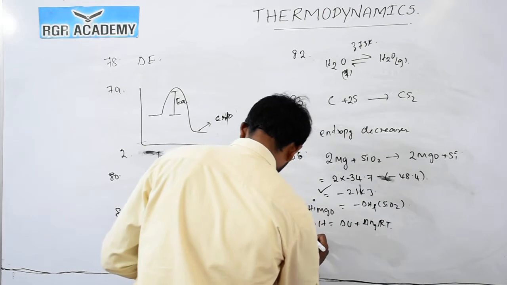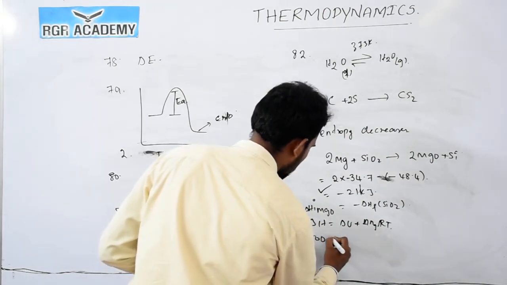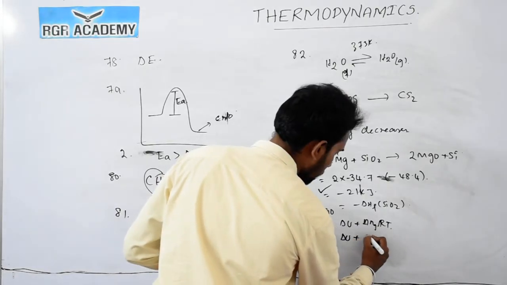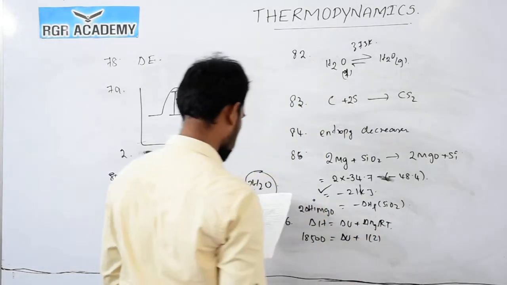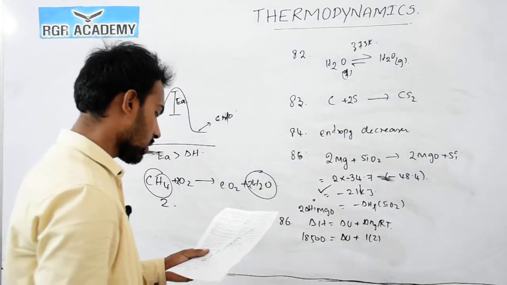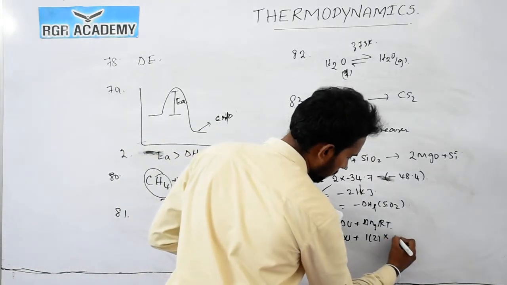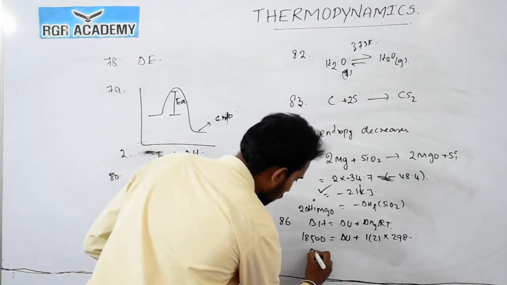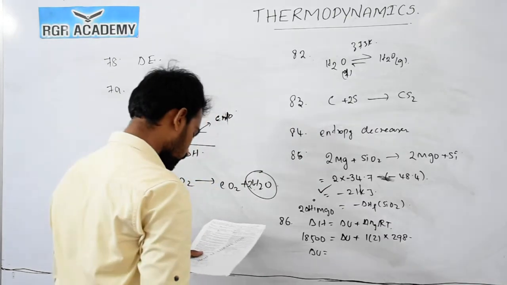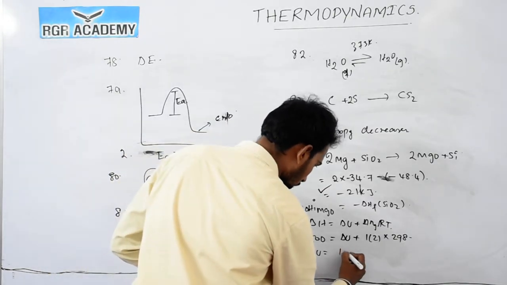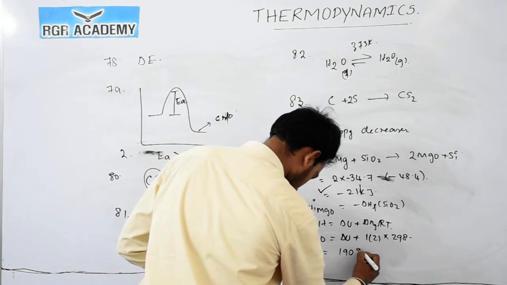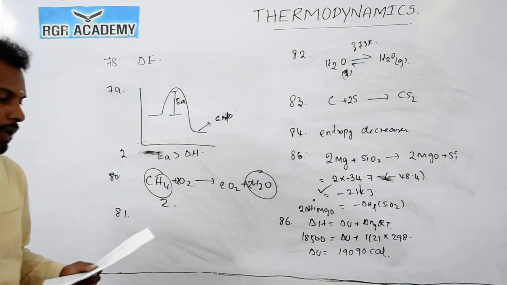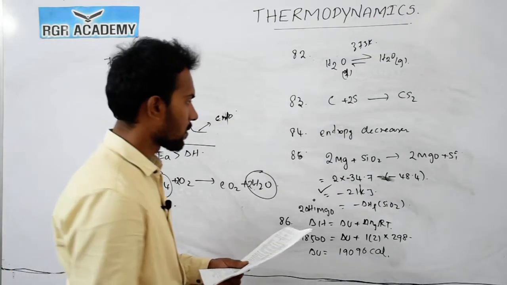Delta H is already given as 18,500, so we need to find delta U. Delta Ng is the number of moles of gaseous products minus reactants, and the temperature is 298. The delta U value is 19096 calorie.